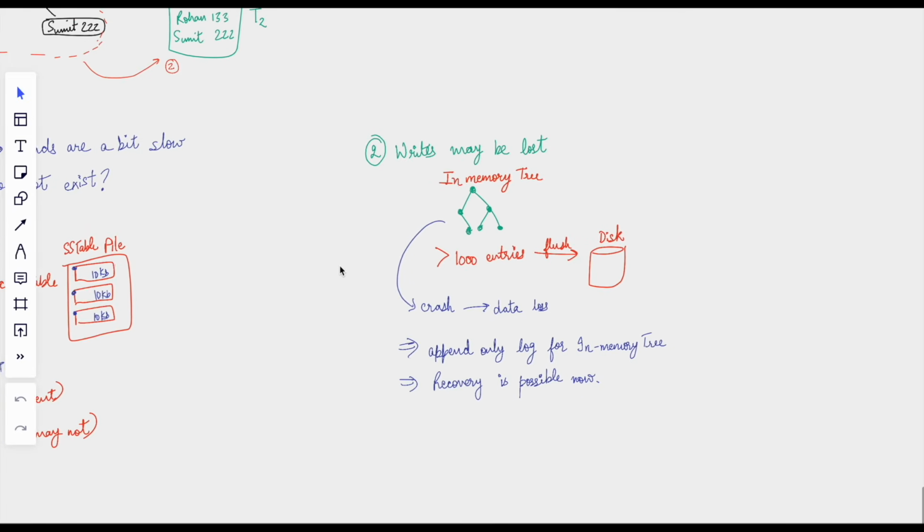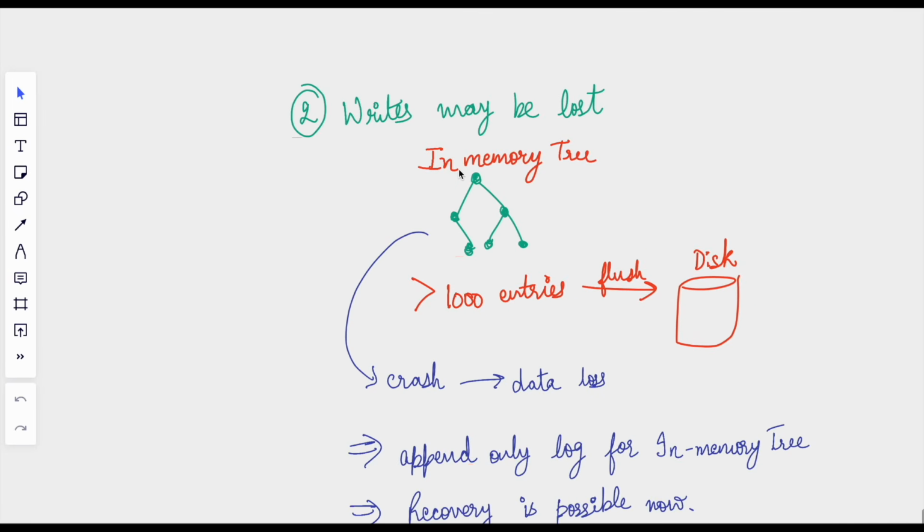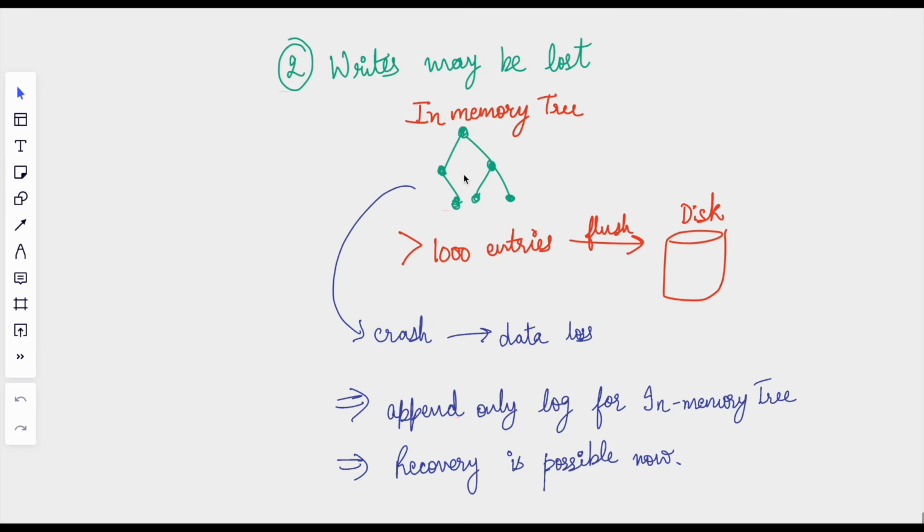What about the other thing? For, let's say, 1000 entries, we are only doing in-memory writes, right? Because only after, let's say, 1000 entries, we take a decision to flush it to disk. So it might happen that for the entries which are in the tree in memory, there was a power failure and those writes are now lost, right? So if there is a crash, you have a data loss issue.